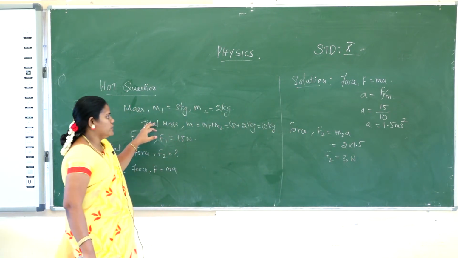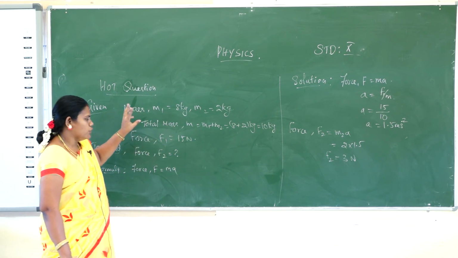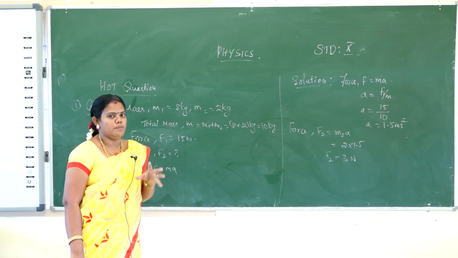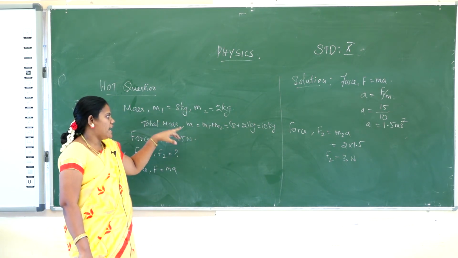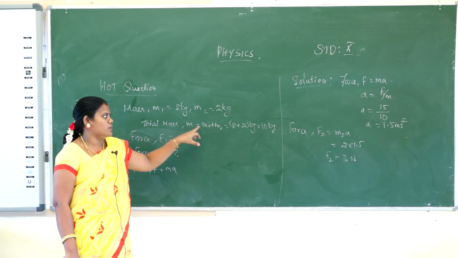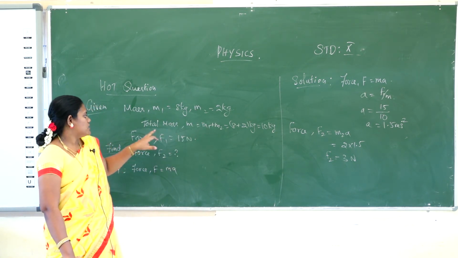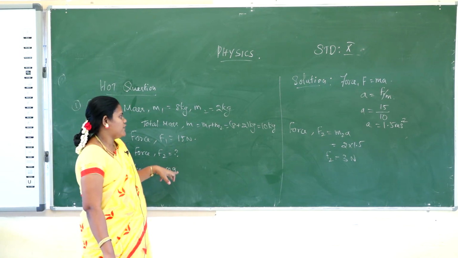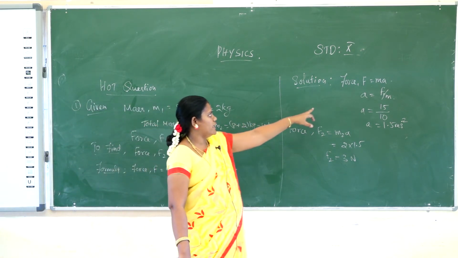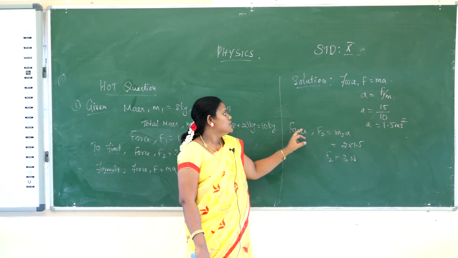How did you find out this F2 value? Two bodies are in contact with one another, and the two bodies have different masses. So you first calculate the total mass of these two bodies, and force F1 is given. The second force we will find out. So first we take the formula F is equal to m into A. First find out the A value, that is 1.5 meter per second square.